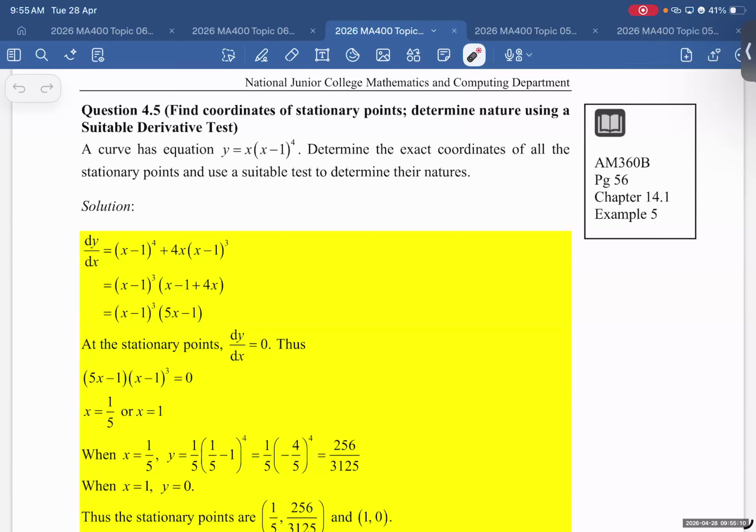If I equate dA/dx to 0, that means 50 minus 2x is equal to 0, and x is equal to 25.